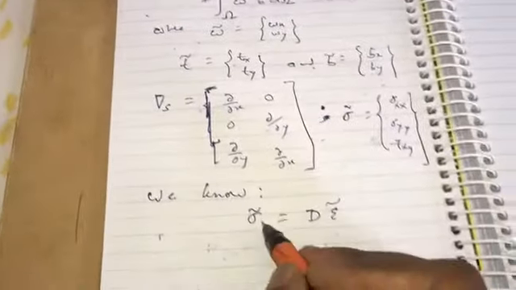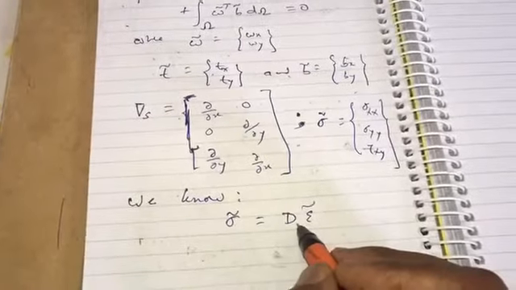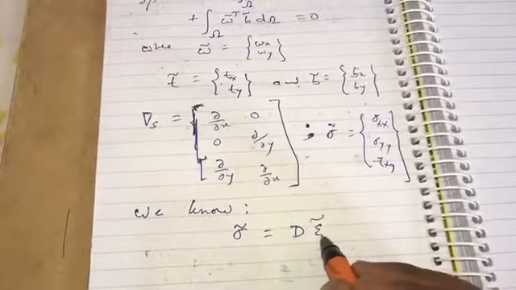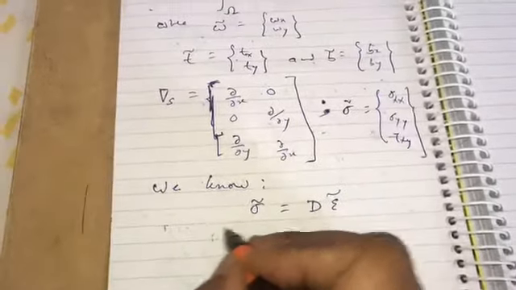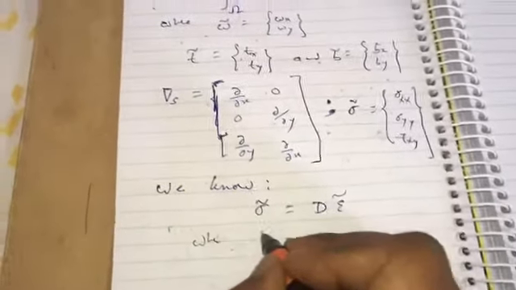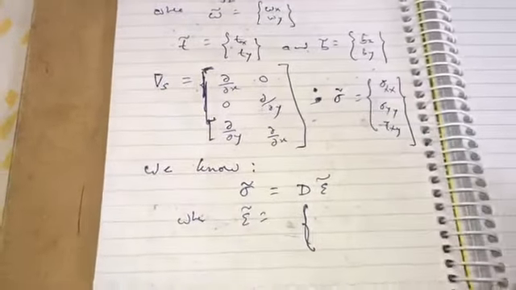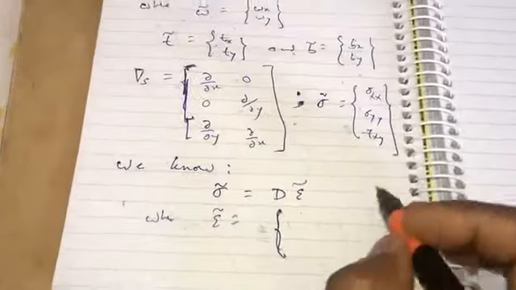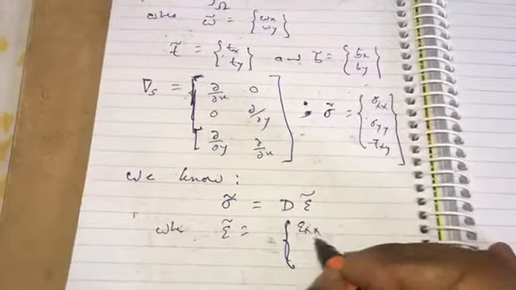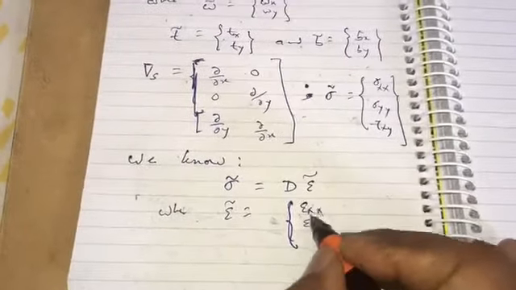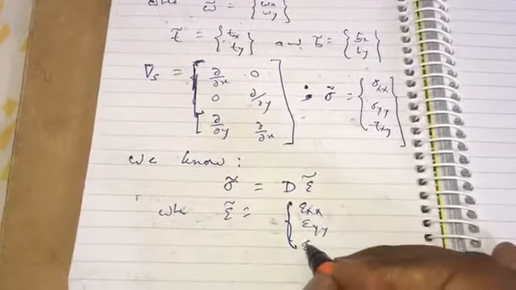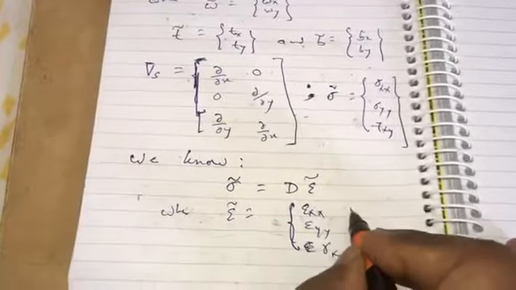So sigma is equal to D matrix multiplied by strain epsilon, where strain is epsilon xx, epsilon yy, and gamma xy.